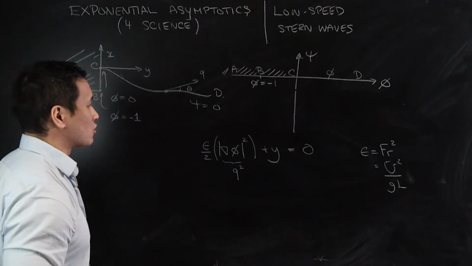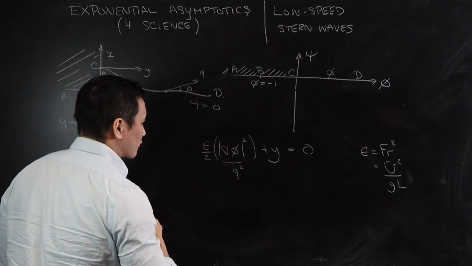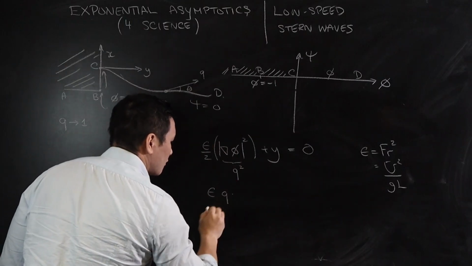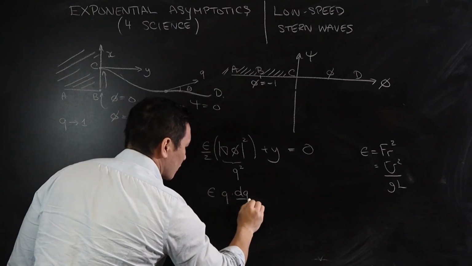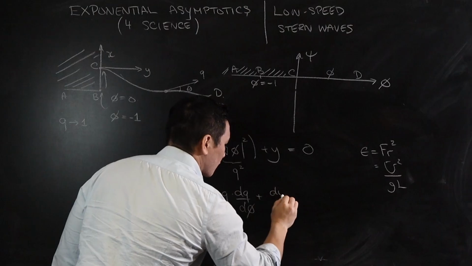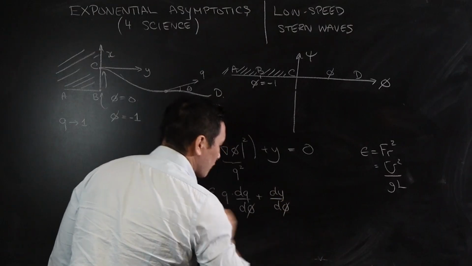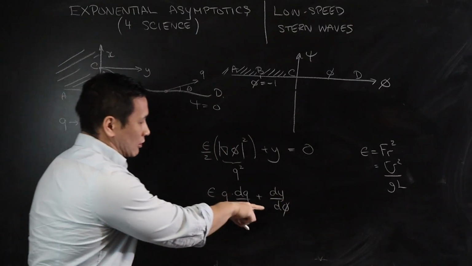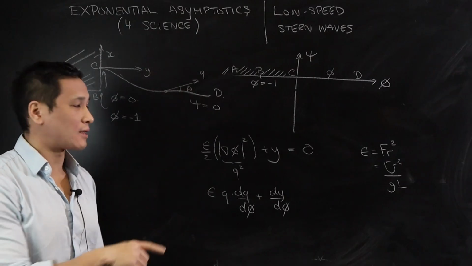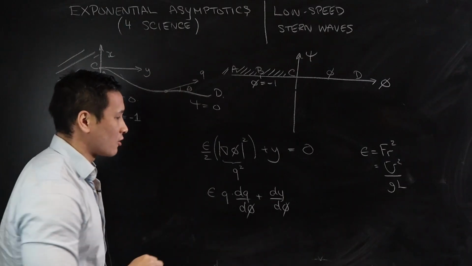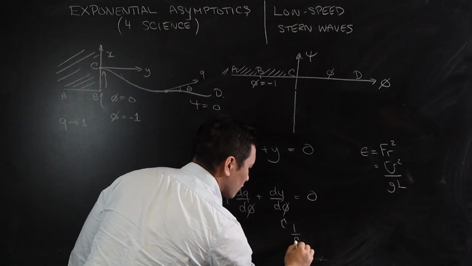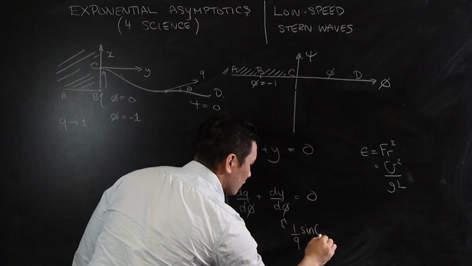And if I take a derivative of this equation with respect to phi, I have something like epsilon times q times dq/d phi plus dy/d phi. But then I can use the relationship of z's and phi's that we had written out earlier to show that dy/d phi is actually just 1 over q times sine of theta.